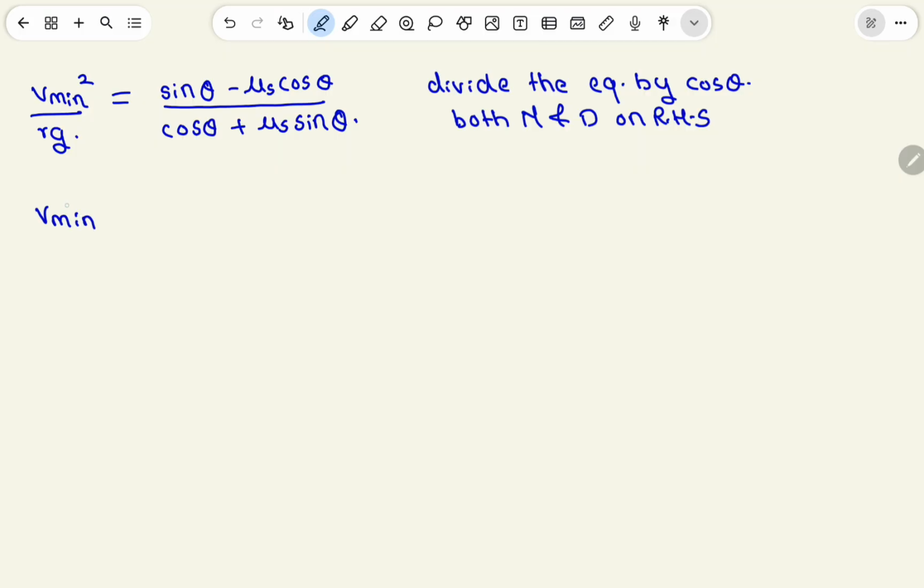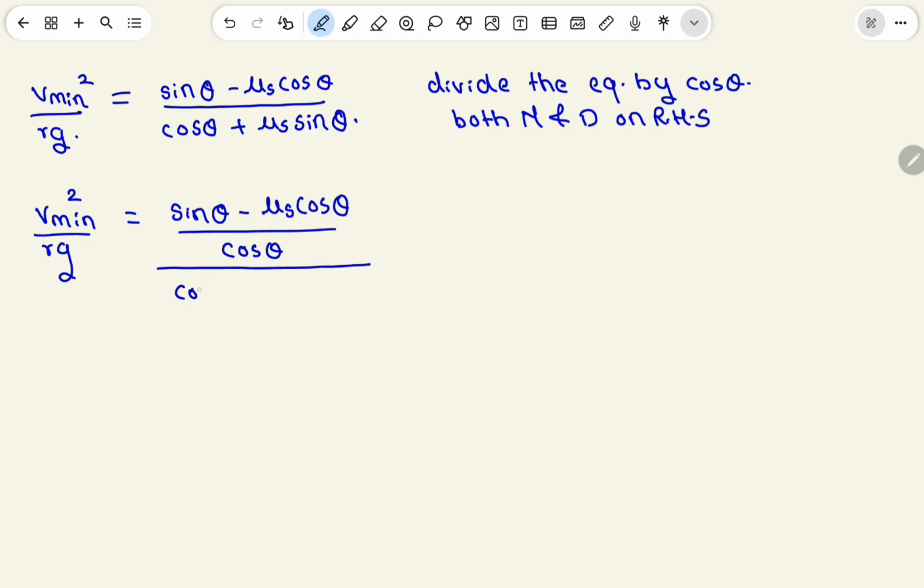So we have V minimum square upon Rg is equal to sine theta minus mu s cos theta upon tan theta, upon cos theta, the whole thing divided by cos theta plus mu s sine theta upon cos theta.